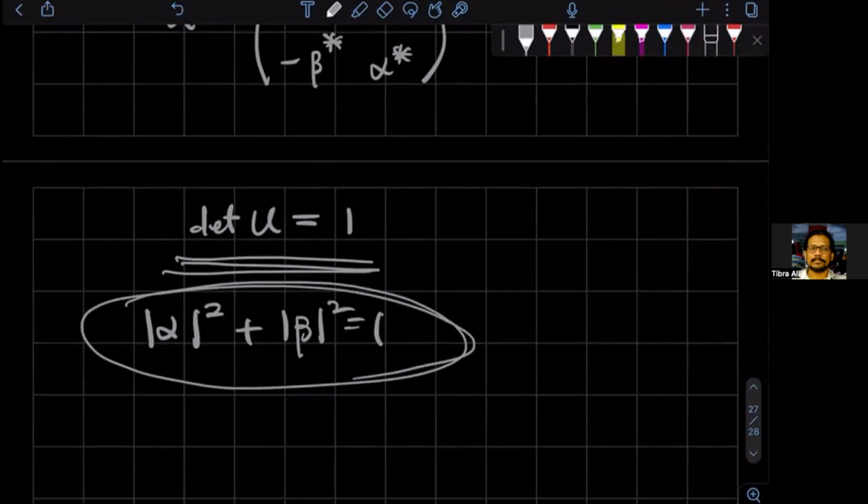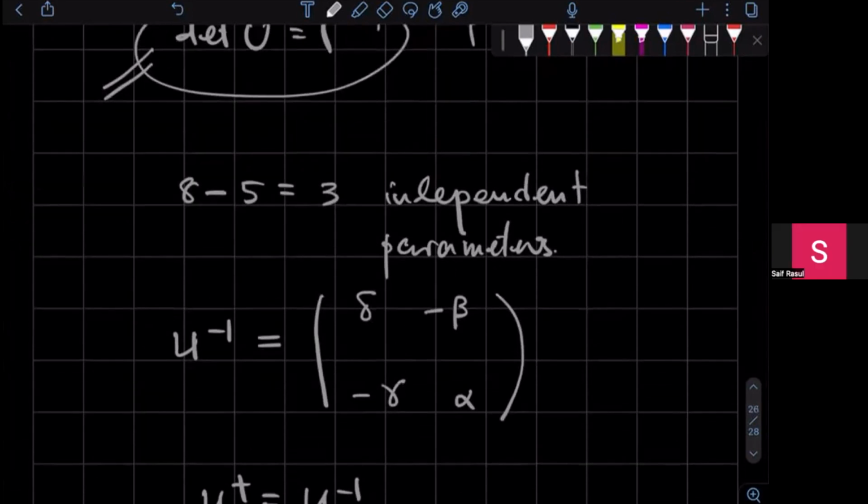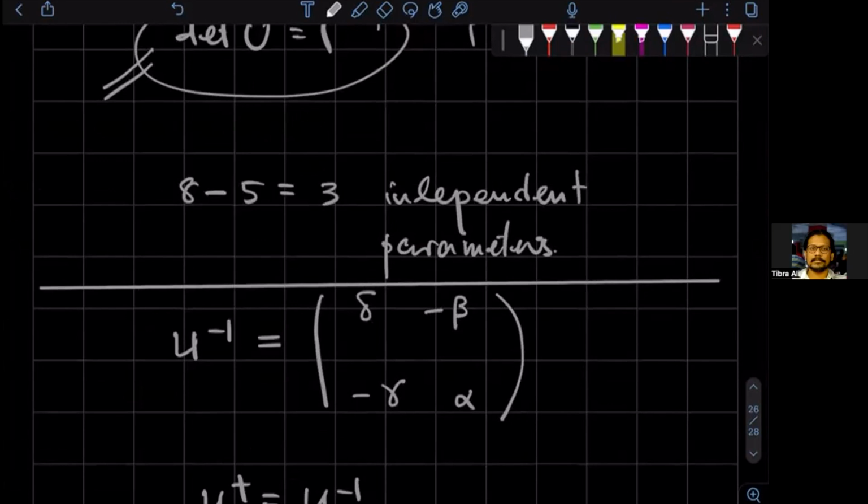Do you understand what I'm saying? So is this a 6th constraint? No. Up until this point, let me just draw a line. We have established that the dimension of SU2 is 3.